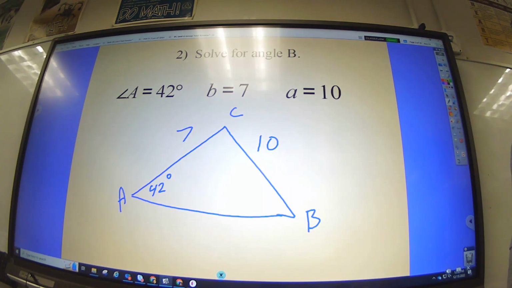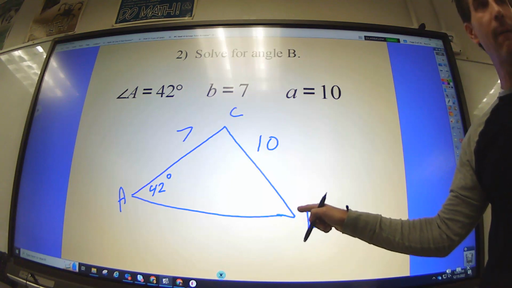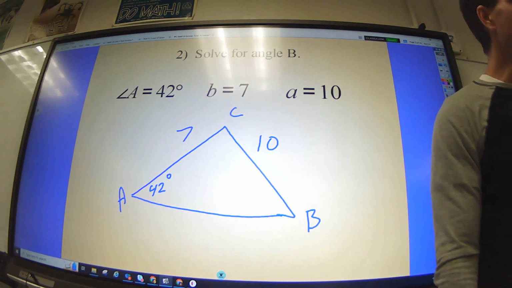So I don't have to plug that whole thing in there, and it just calculates it. I get A is approximately 20.74 degrees.